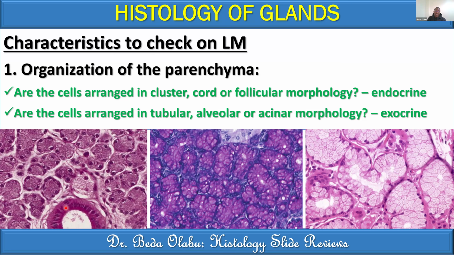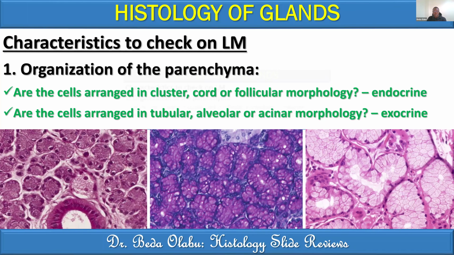The presence of a duct also tells you that you are most likely looking at an exocrine gland as opposed to an endocrine gland, especially if that is mutually exclusive, to mean that the gland you're looking at does not have both functions. All right, so that is organization of the parenchyma.